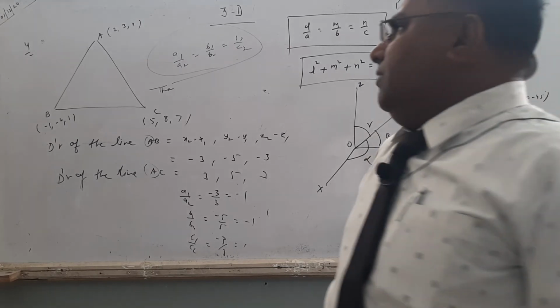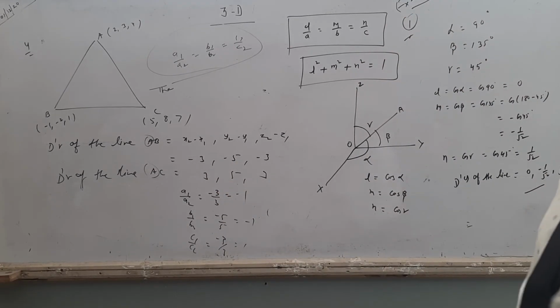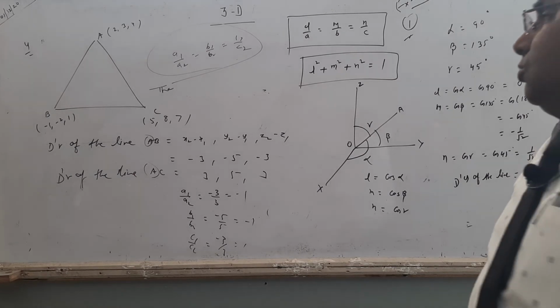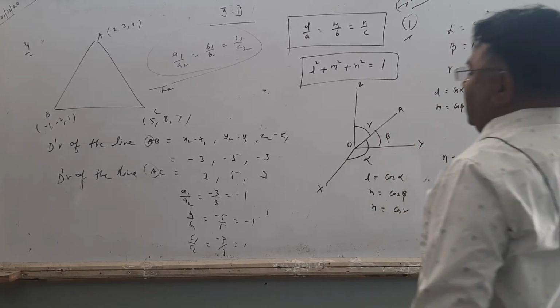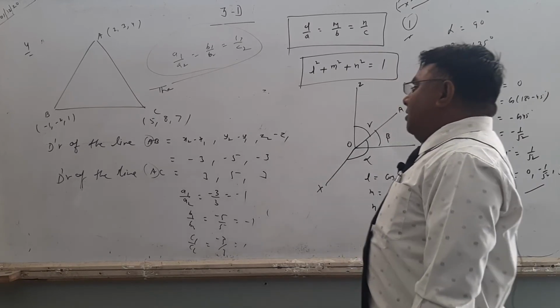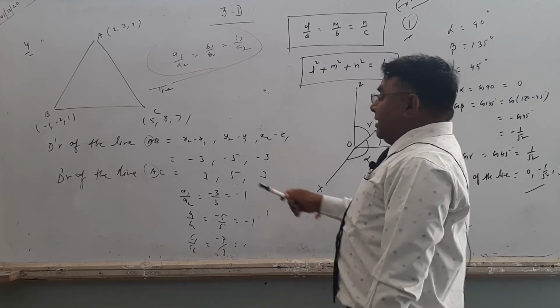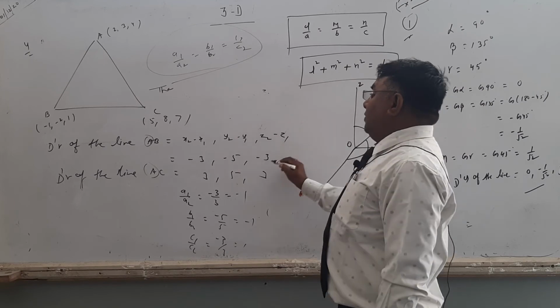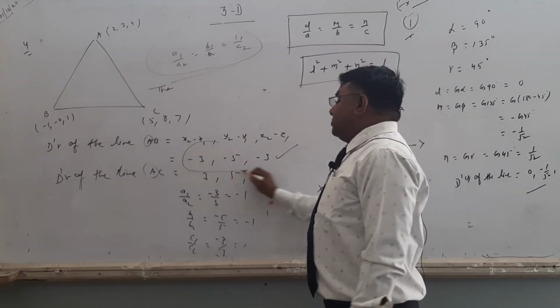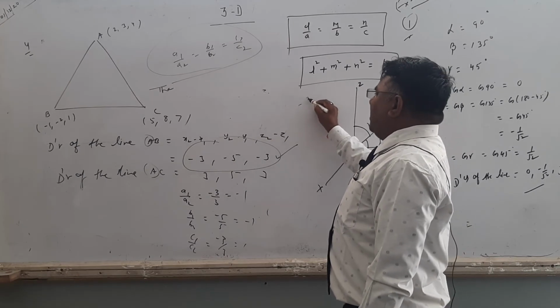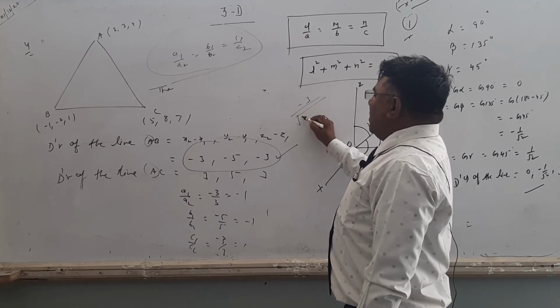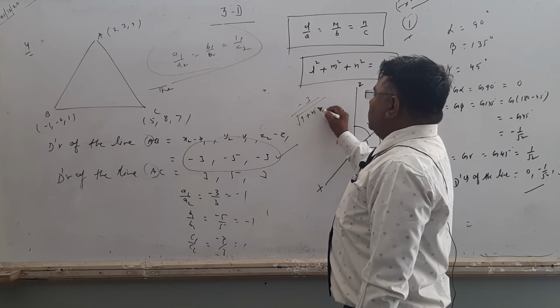Same question number 5th, if the 3 vertices of a triangle are given and we have to find the direction cosine. Same, that you have 2 points' coordinates given. First thing, find the direction ratio, and second thing, find the direction cosine. We have to find the direction cosine from the direction ratio. For example, in this question the direction ratio of AB is -3, -5, -3. What are the direction cosines? That is -3 upon under root of square of -3, square of -5, and square of -3.